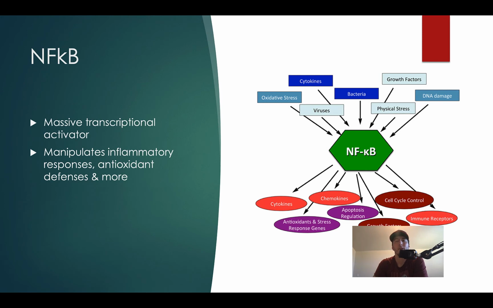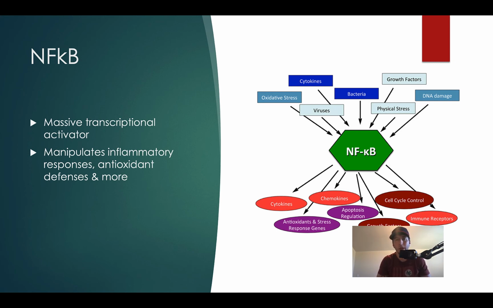NF-kappa B is to inflammation what PGC1 alpha and AMP kinase are to metabolism. It is kind of a massive transcriptional regulator, a massive DNA regulator when it comes to inflammation, oxidative stress, and viral challenges.